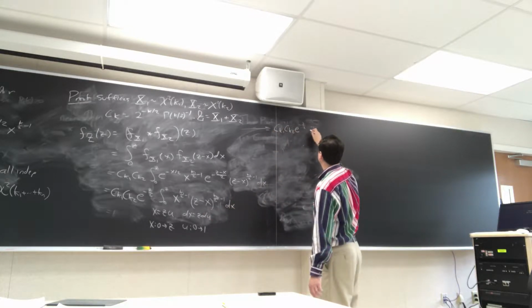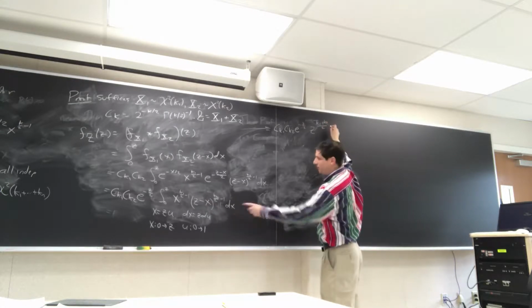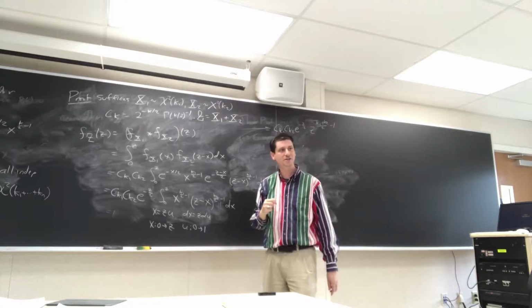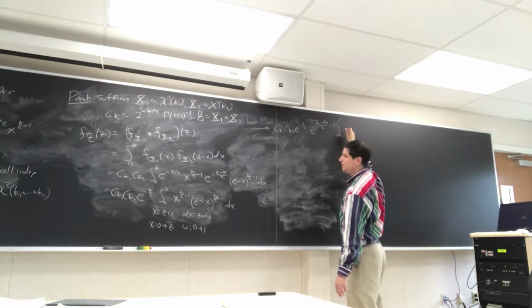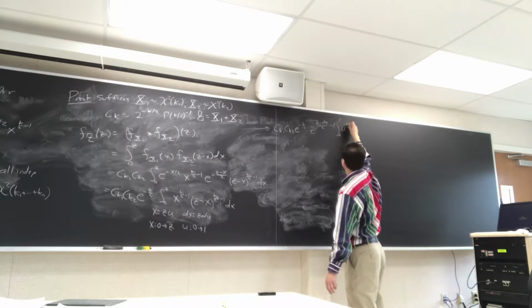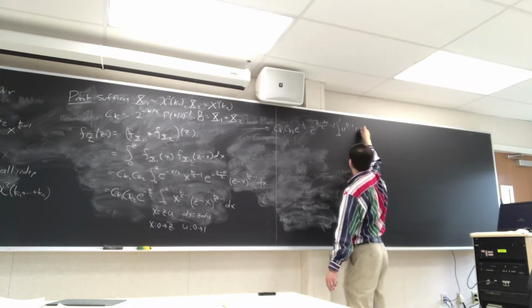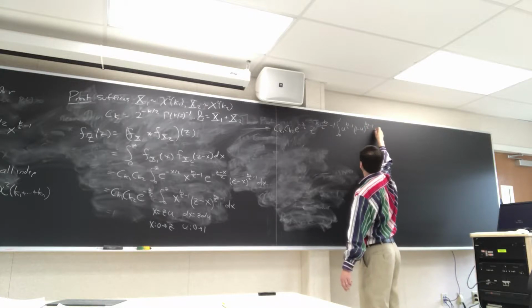So I'll get a z to the k1 plus k2 over 2 minus 2 plus 1, which is minus 1. You can trust me on the algebra. I checked it last night. And then I'm left with an integral from 0 to 1 of u to the k1 over 2 minus 1, 1 minus u to the k2 over 2 minus 1, du.